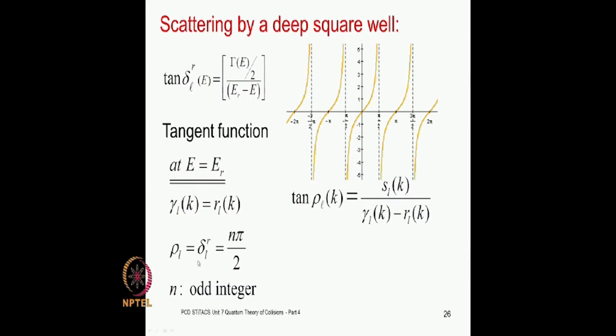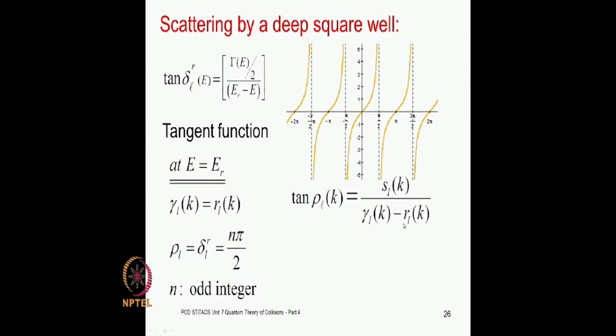And if you look at this alternative expression for the tangent of the phase shift, when this tangent blows up, as one would expect at resonance, effectively you have gamma becoming nearly equal to R, so that this denominator would go to 0. So, gamma being equal to R is the same condition as the resonance condition E being equal to ER, and the resonance phase shift going to pi by 2 or n pi by 2, where n is an odd number.